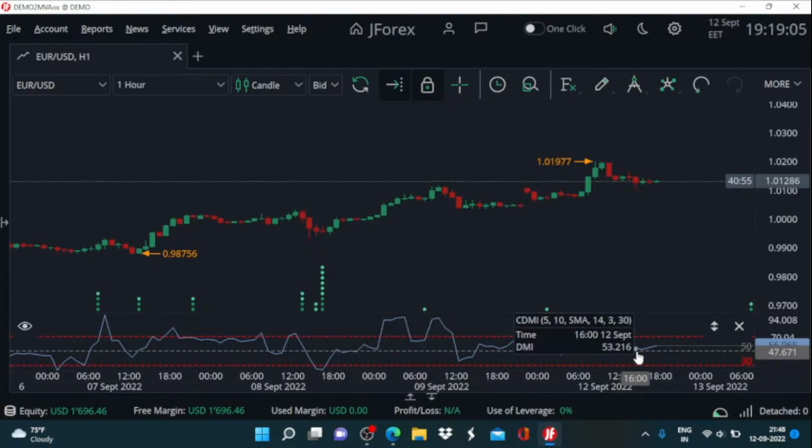If the output of the CDMI crosses from below 50 to above 50, that is indicative of a change in market dynamics from bearish to bullish. And if the output value dips below 50, then that is indicative of bearishness on the rise. So we can take this trade of short selling at market prices, or you can place a limit order as well. That way we can take the help of the CDMI.